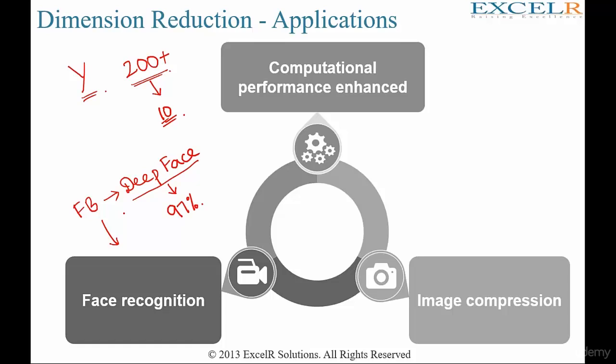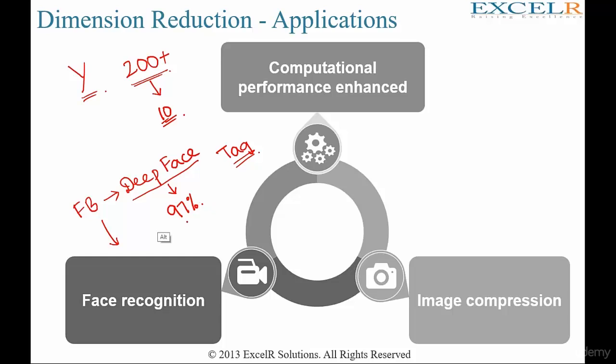If you upload a photograph on Facebook along with your friends, you have taken a photograph of you and your friends and you upload that onto Facebook, DeepFace would try to scan that particular image and it would automatically tag the names of your friends. That's the beauty of the DeepFace algorithm. And the accuracy is 97%, and it is a touch above your intelligence departments.